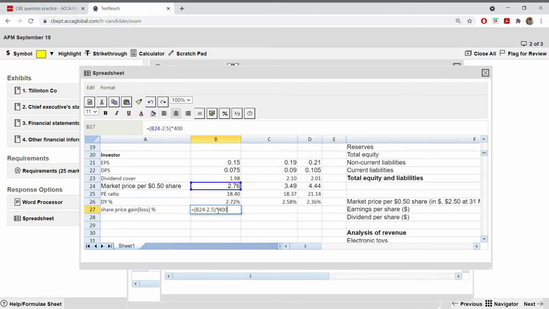And these are in what? Share price gain or loss. Take it in terms of percentage. 104%. No, it's not 104, it is 10.4%. Just undo.